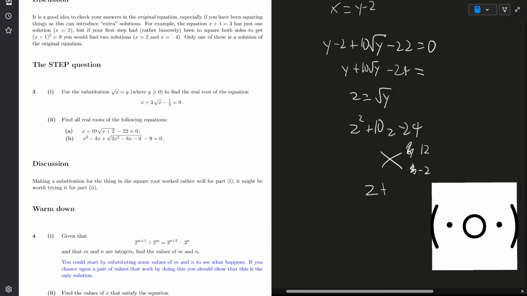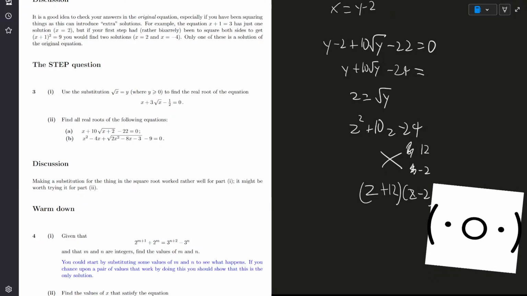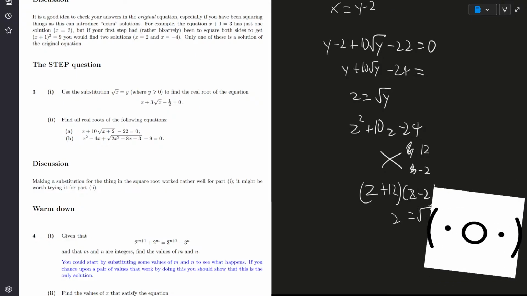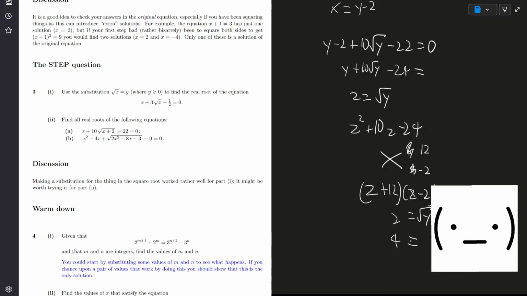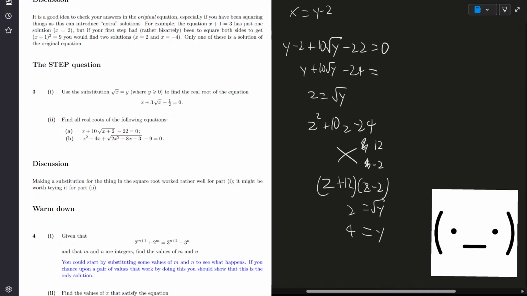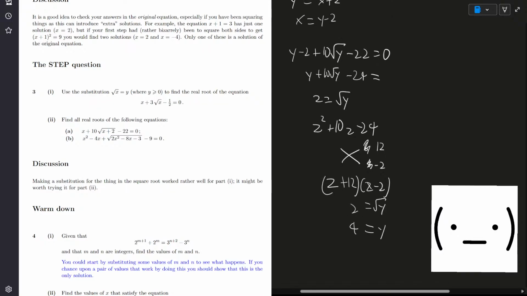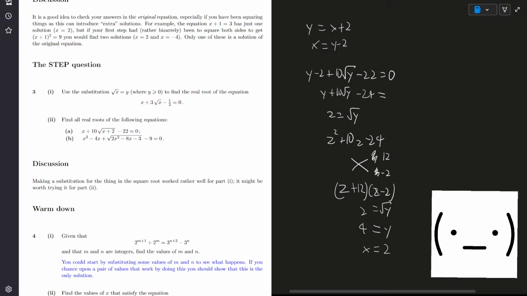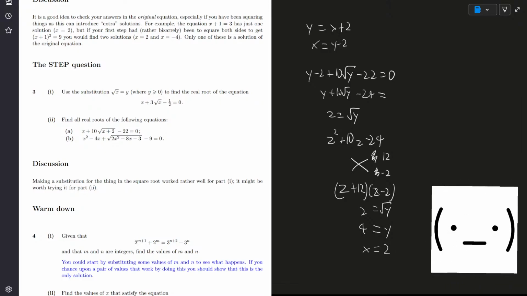Now you got z is 12, or z is minus 12. So z is therefore going to be 2. That's going to be that. It's this. All of the real roots. Sound right?